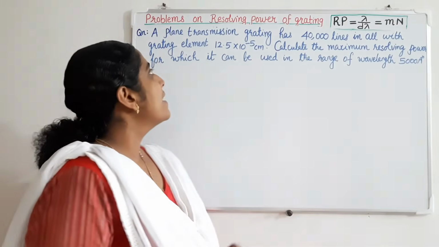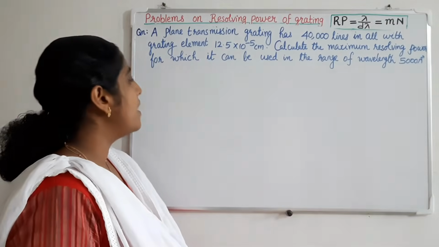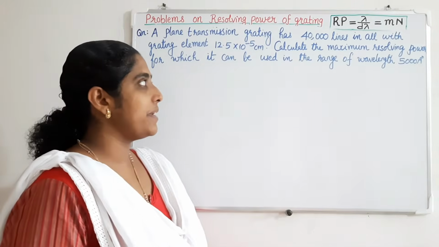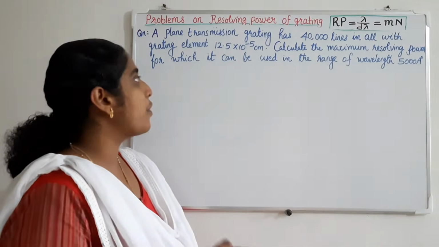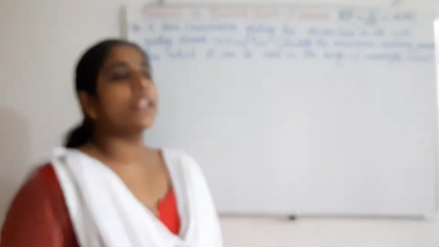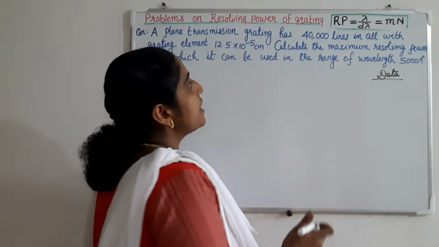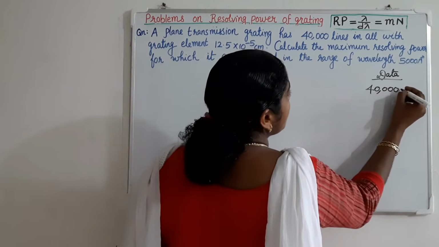Next question. A plane transmission grating has 40,000 lines in all with the grating element 12.5 into 10 raised to minus 5 centimeter. Calculate the maximum resolving power for which it can be used in the range of wavelength of 5,000 Armstrong. A plane transmission grating has 40,000 lines in all.